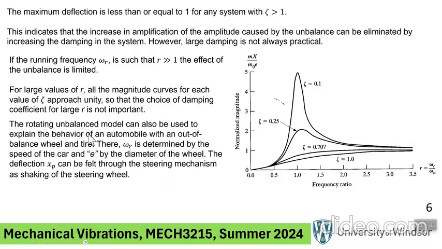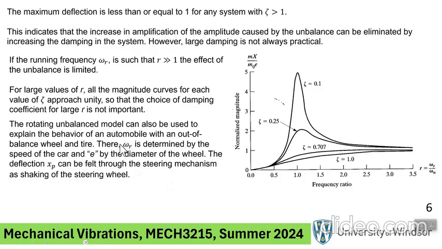Okay, now, this model can be used for essentially replicating the situation in a car, for example, in an automobile, when there is out of balance wheels, etc. So the value omega r is determined by the speed of the car. Remember, omega r is how fast the wheel is turning in radians per second.